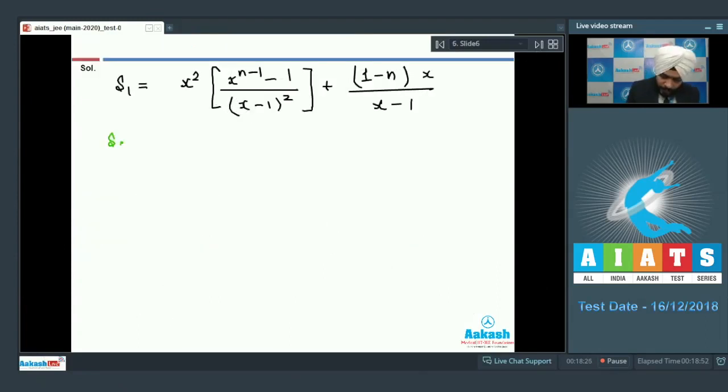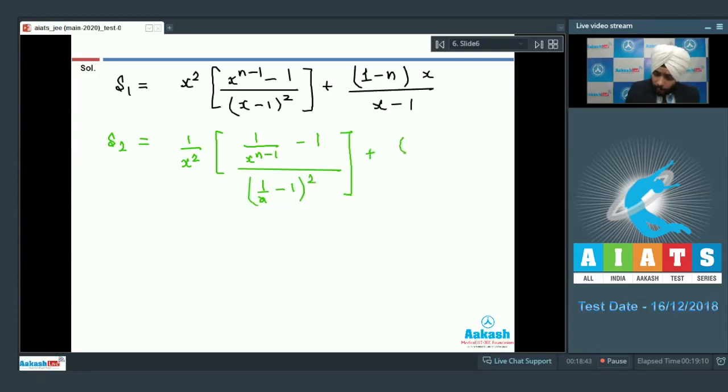So S2 can be directly written as 1 upon x square 1 upon x raised to power n minus 1 minus 1 upon 1 upon x minus 1 whole square plus 1 minus n into 1 by x upon 1 by x minus 1.